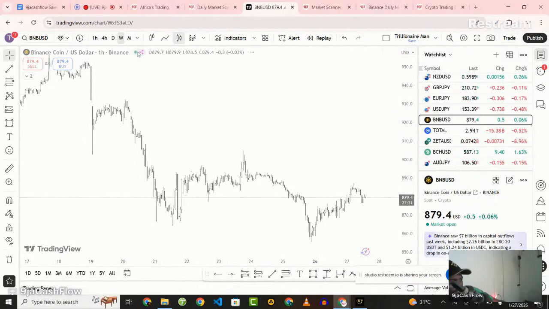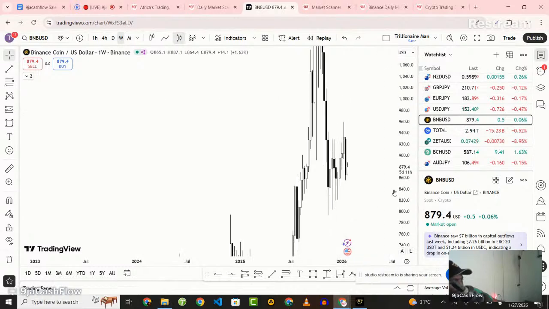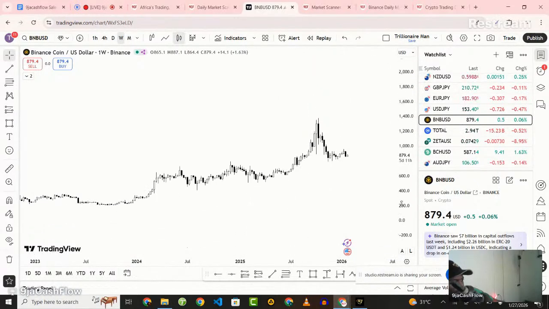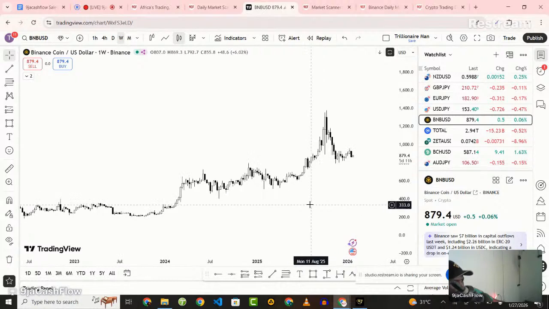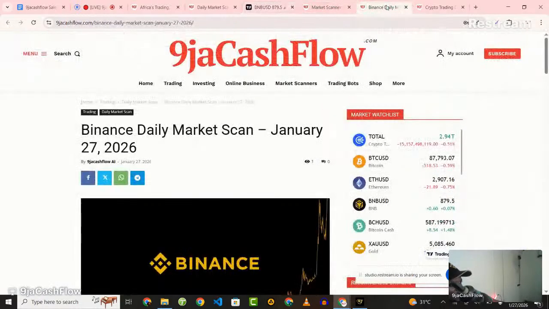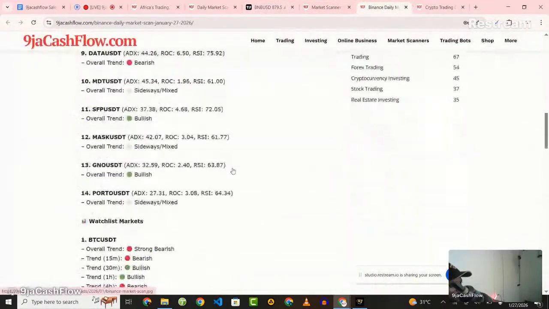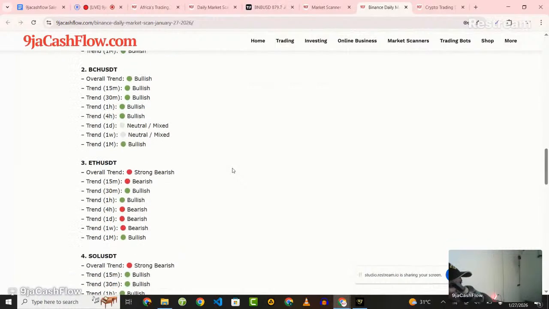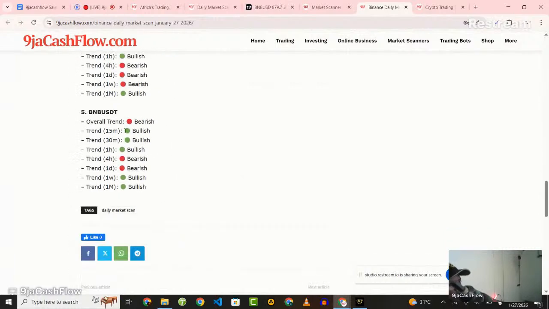Let's start from weekly. Weekly for BNB, let's even check our scanner. Overall for BNB is bearish.